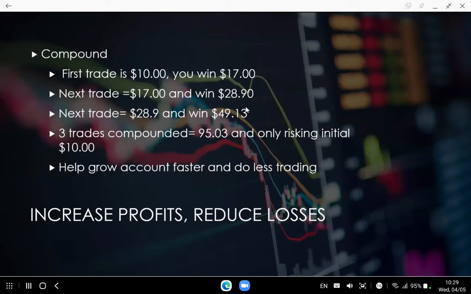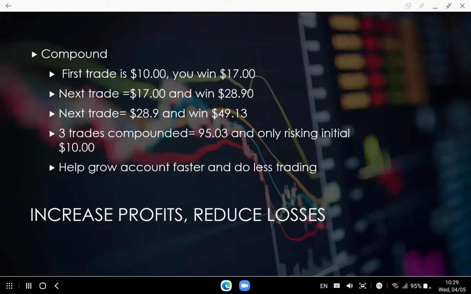Now you're at 28.90. You go in for your next trade at 28.90 and say you win 49.13. So if you add all those up, it'll be $95. And you're only risking your initial 10 because you never went back into your other money. That's all you're risking.